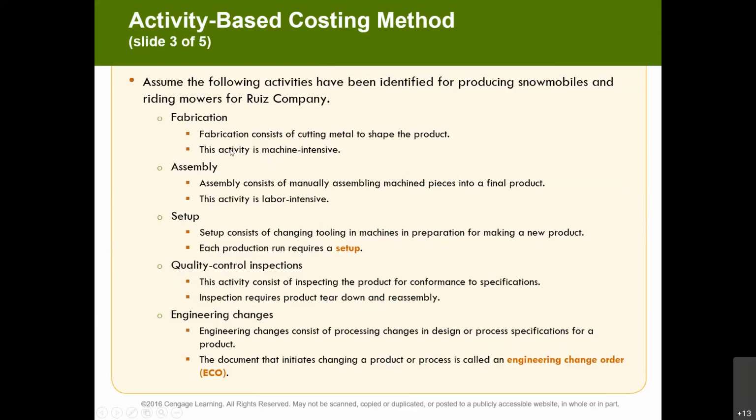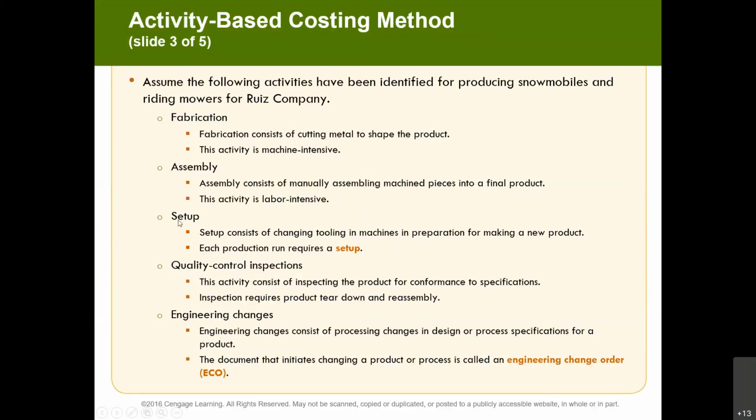The activity base is machine hours, because it's machine intensive. And in assembly, we have manual assembly of each machine into its final product. That, of course, as you would expect, is labor intensive. And so the activity base here would be labor hours. So fabrication, we have machine hours, and assembly, the activity base would be labor hours.